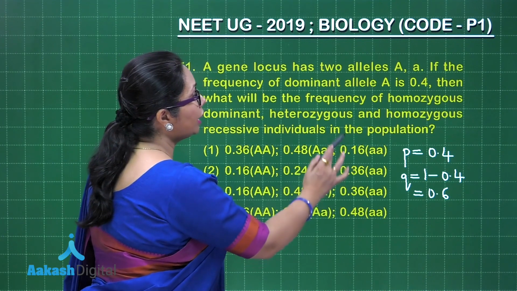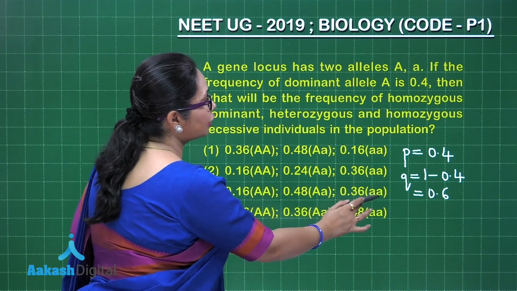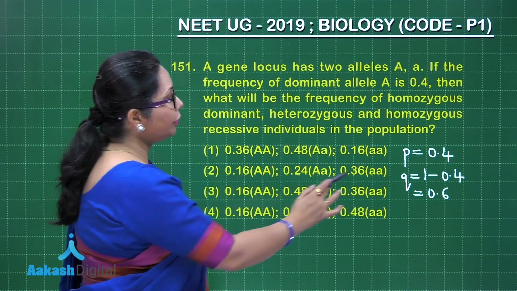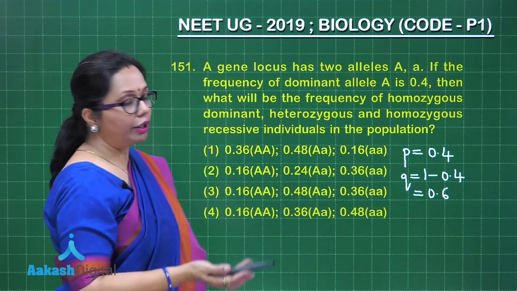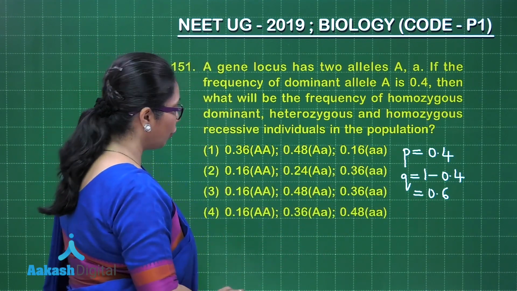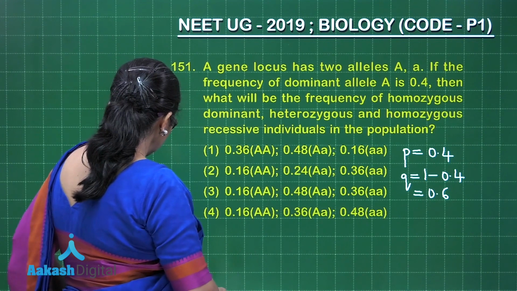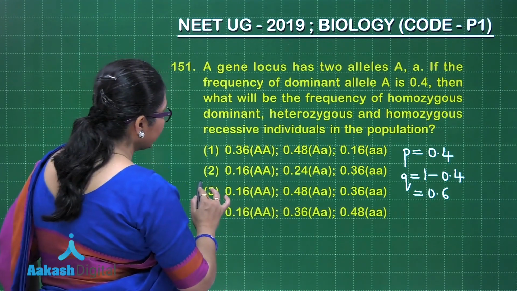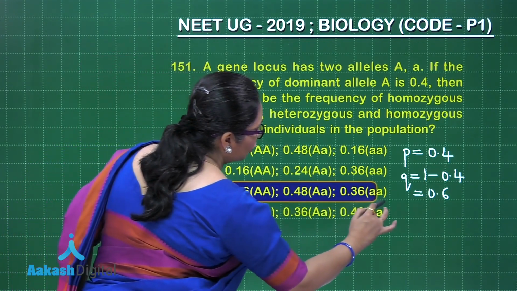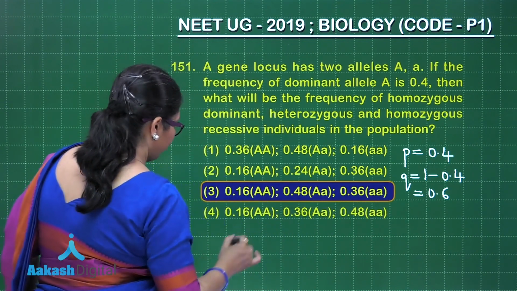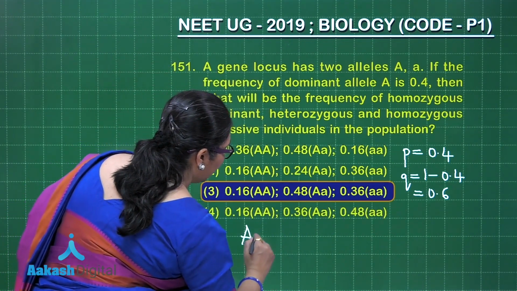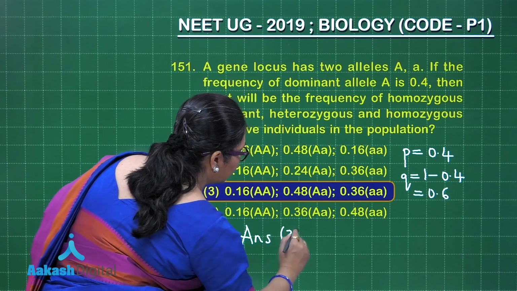And lastly, the homozygous recessive, that is small a, that would be 0.6 multiplied by 0.6, that would be 0.36. So here the correct option with all the correct values is the third one. And that is the correct answer.